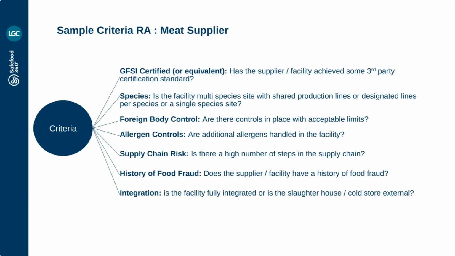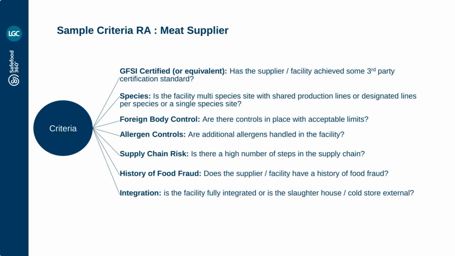Sample criteria for perhaps a meat supplier. Again, we want to look at, are they certified to a third-party standard, a third-party certification? Have they achieved that? Have they obtained that? The species, specifically here for a meat supplier: is that facility a multi-species site?